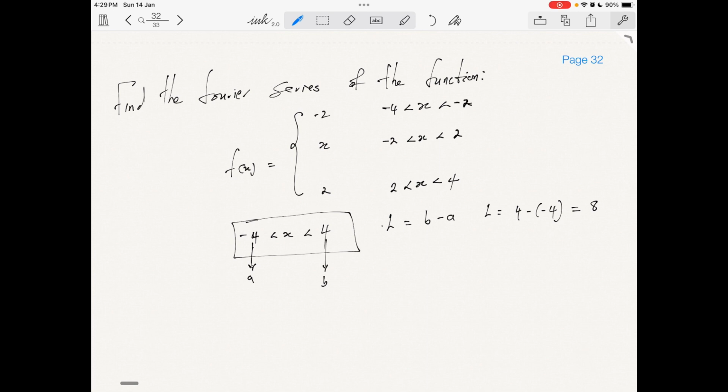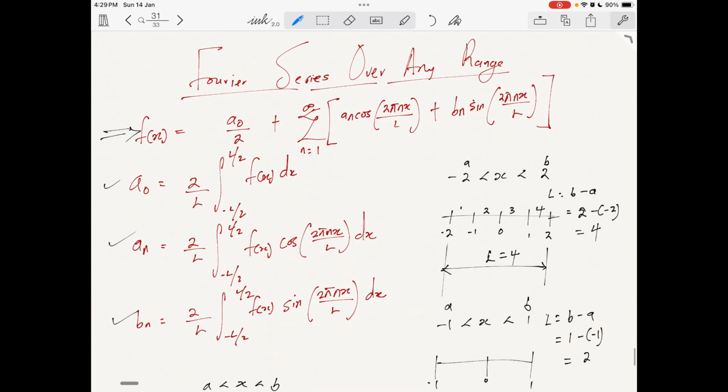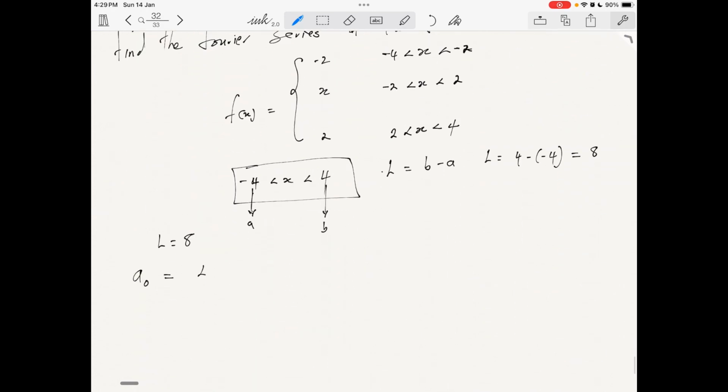Since we know our value of L to be 8, we can now evaluate a naught. From the formula, a naught is 2 over L integral of minus L over 2 to L over 2 of f of x dx.